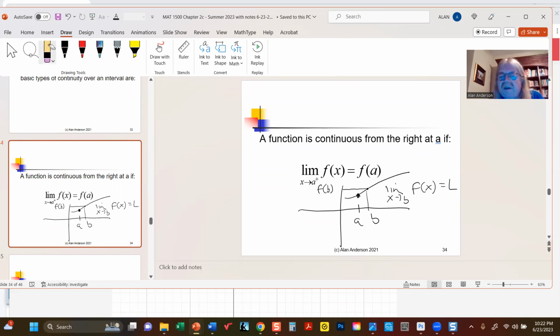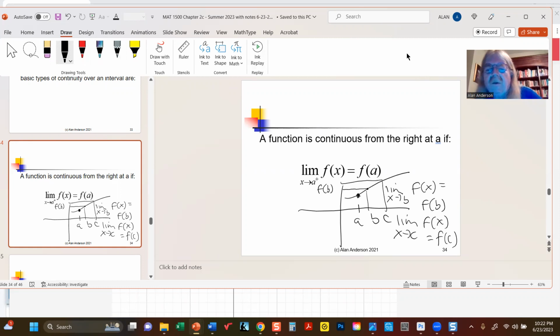Actually, instead of writing it L, because that would imply that it's a constant, we'll write it as f of b. And then same thing for c. The limit as x approaches c is actually f of c. Now, when we get to after a, the function can go crazy and do anything, but as long as it's from a up to infinity, we say that the function is continuous from the right, which means the entire function from a up to infinity.